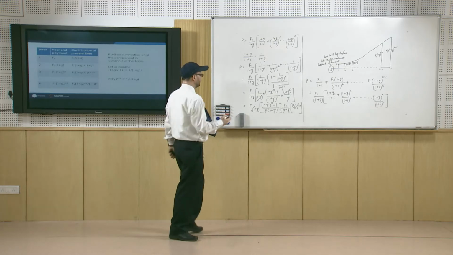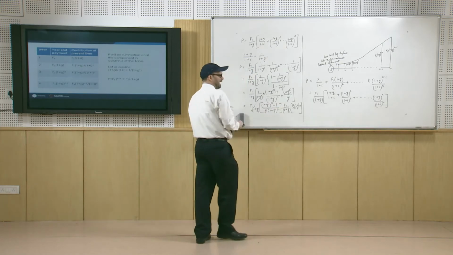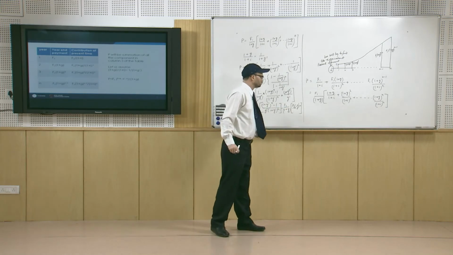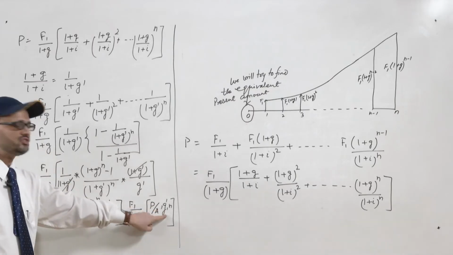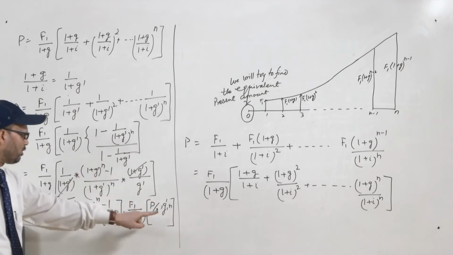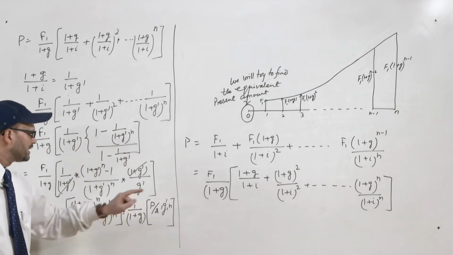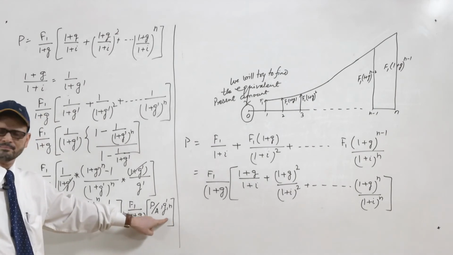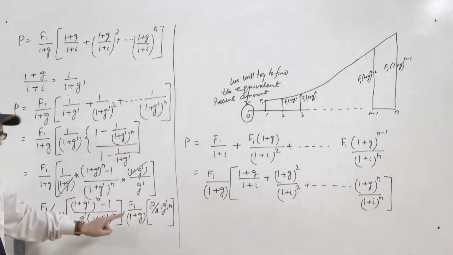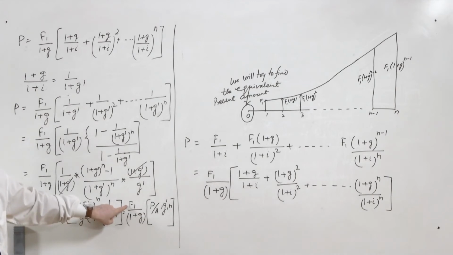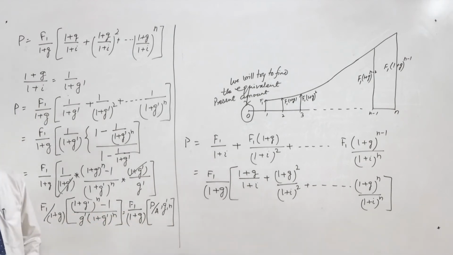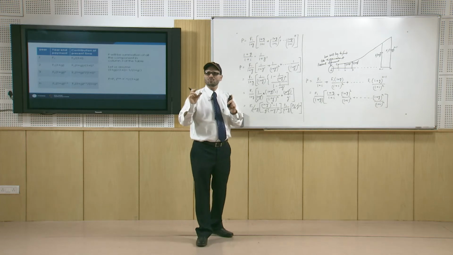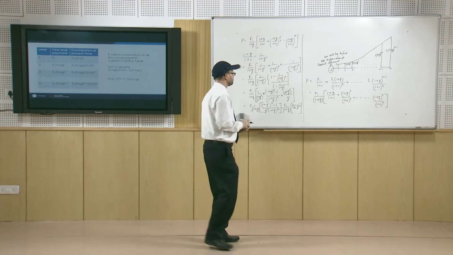So ultimately what we see is that we knew g; from that g and i we can get g prime. Corresponding to this g prime, we will calculate this factor. This factor will be multiplied with this first year end payment, and divided by 1 plus g. That will give us the present equivalent amount for this particular series.